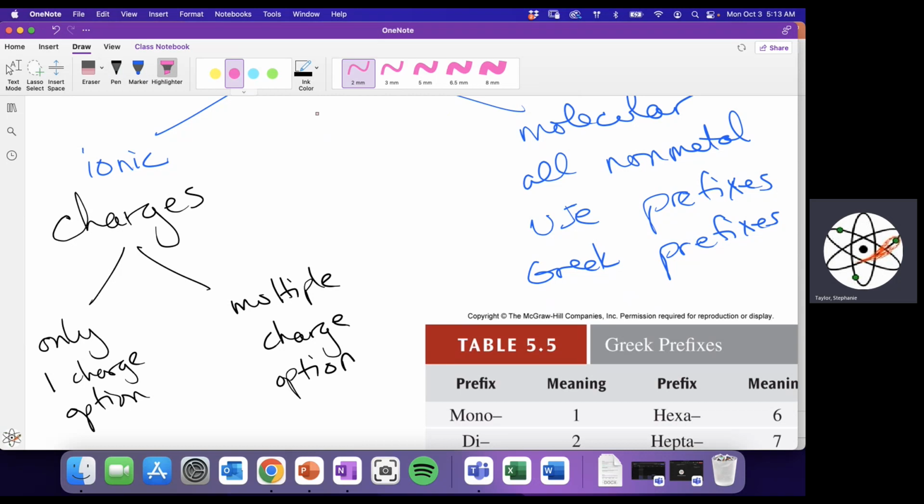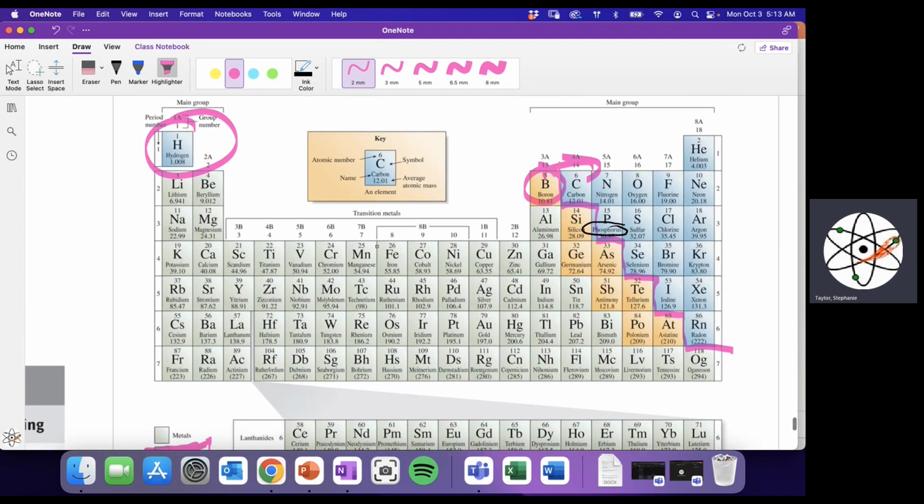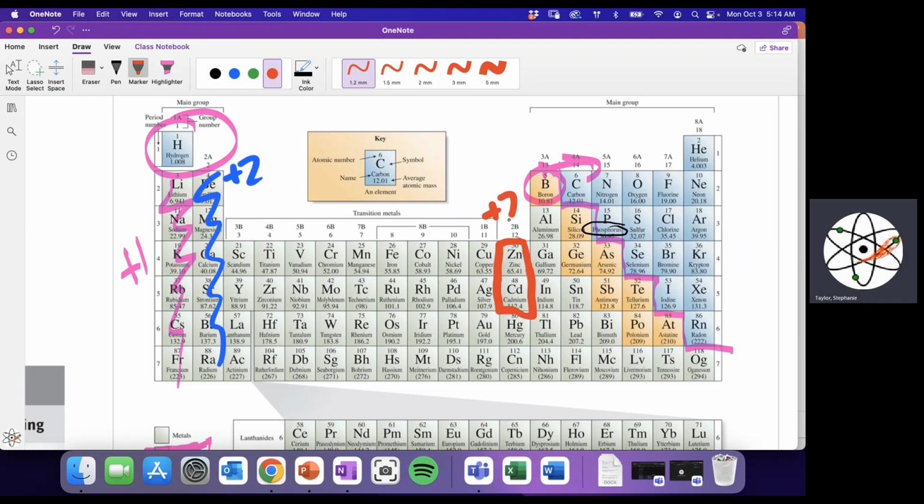Well, when we come over and look at the periodic table, some of these always only have one charge. Alkali metals, all +1. Alkali earth metals, always +2. And there are 4 elements you're responsible for. Zinc and cadmium, which are +2. Silver, which is +1.